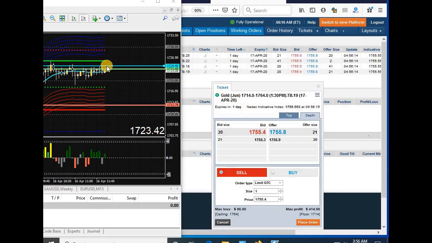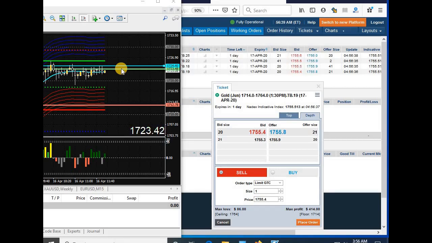That's why I got my lines here, and you see they're so close together. This is the high of the day. This is an area that we've been hitting resistance at, and you can see that area is just past value area high.